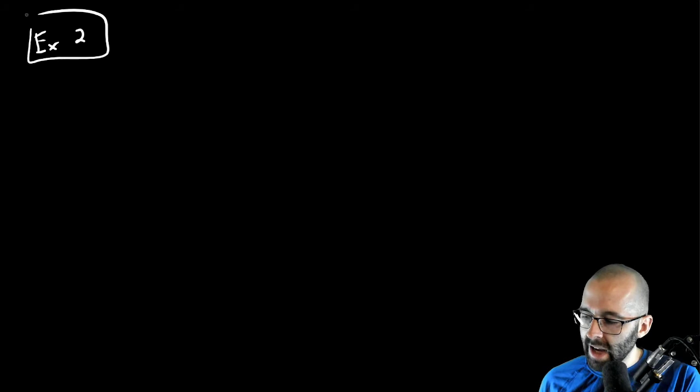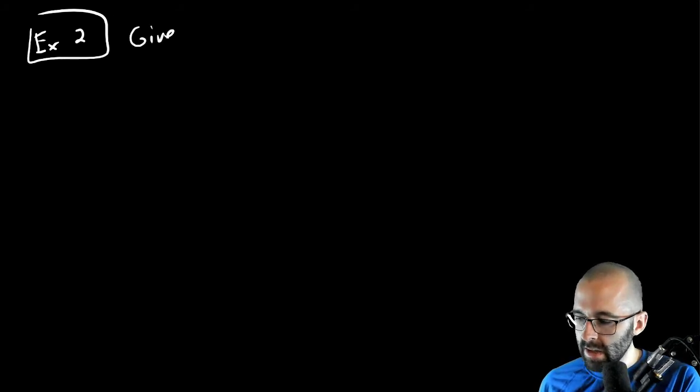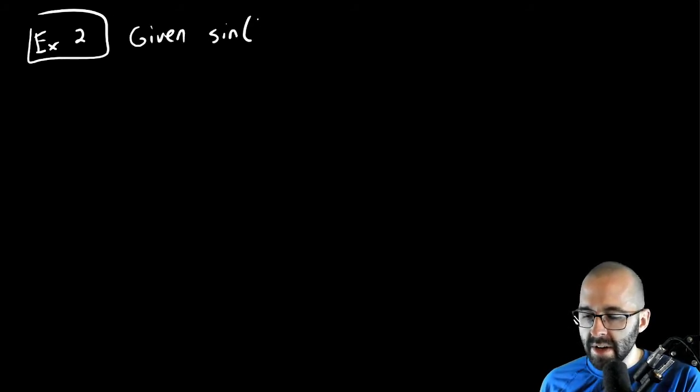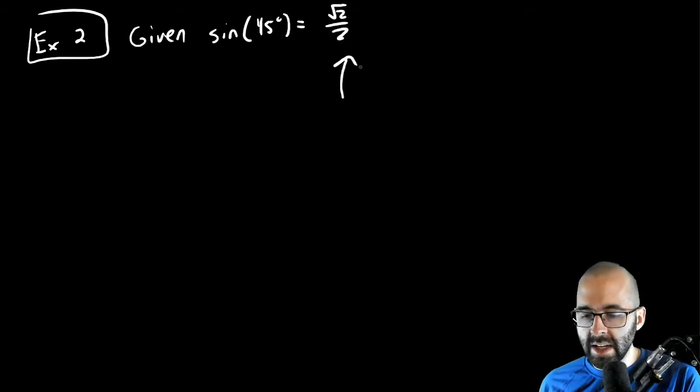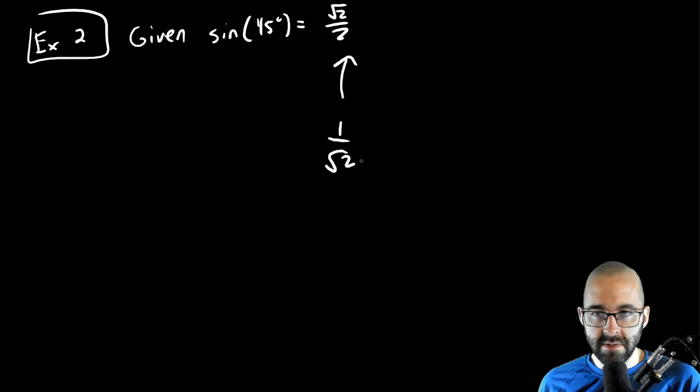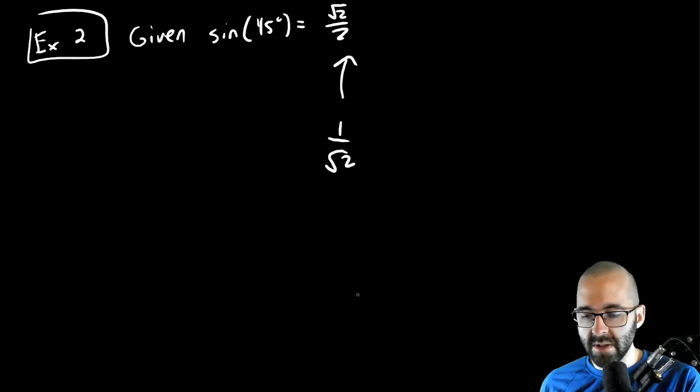Let's do one more example, and then this video is going to be over. Example 2. Given the sine of 45 degrees equals square root of 2 over 2, and again, that's the same as 1 over the square root of 2.